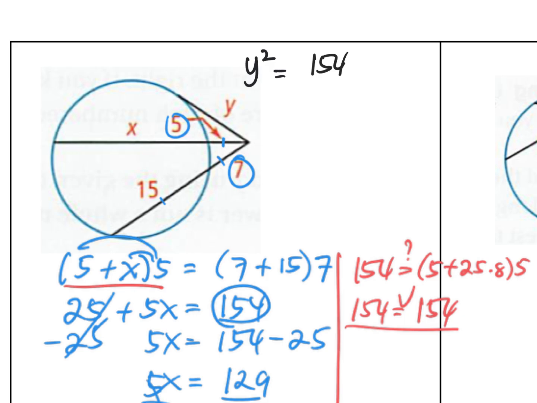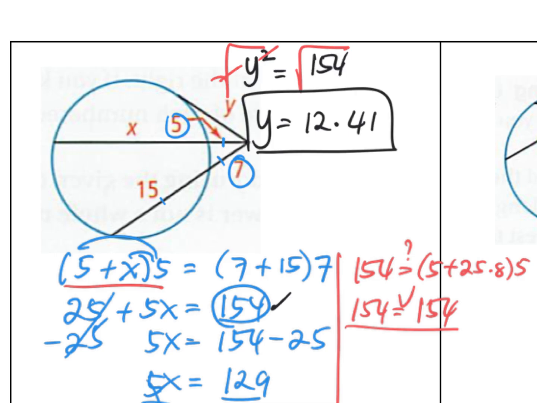We already have the data. So what we're going to do is just get the square root of both sides. So y is equal to the square root of 154, and that's gonna give you 12.441. Very nice.